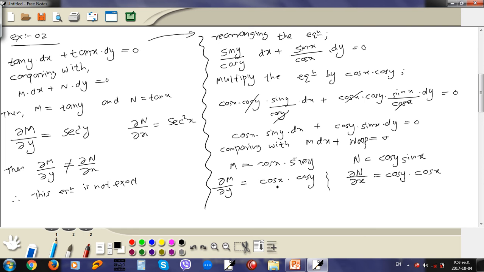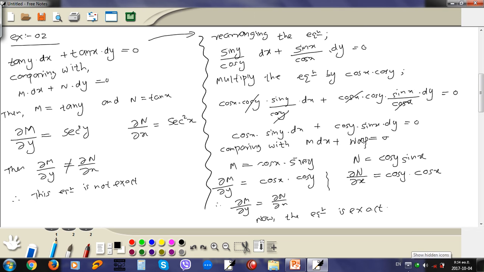Both cos x cos y and cos y cos x are equal, therefore ∂M/∂y equals ∂N/∂x. Now the equation is exact.